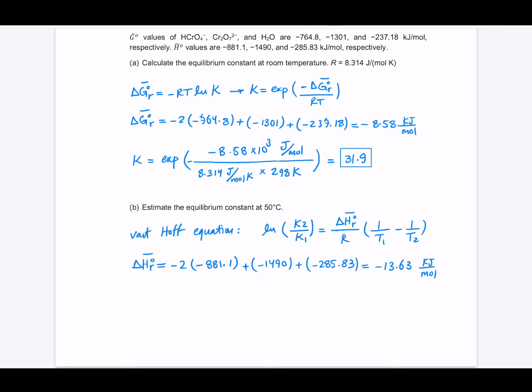The rest would be basically simple math. Similar to delta G, make sure this is in joule per mole, or you can make R in kilojoule. And T, as always, in Kelvin.